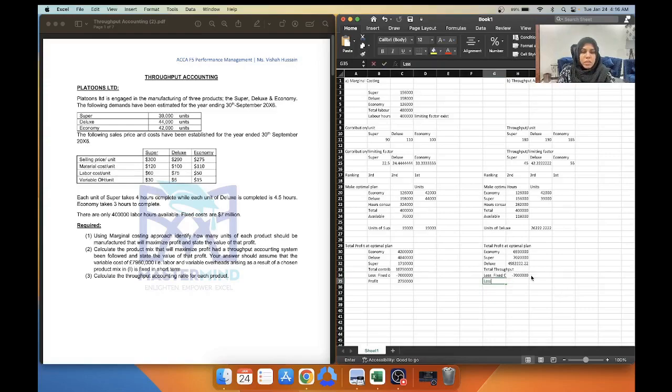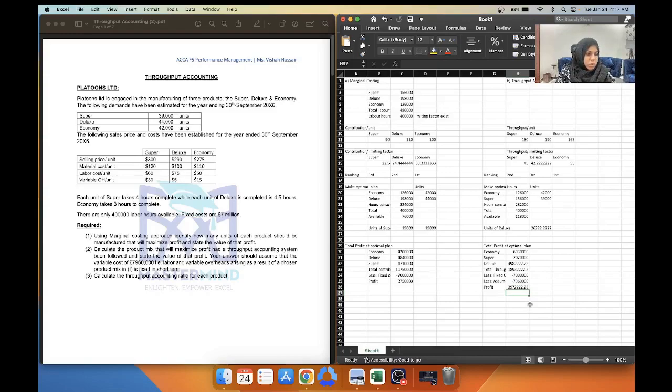Then you subtract the assumed fixed cost, so 7,960,000 profit. So this gives you 397 and then tetra 2.